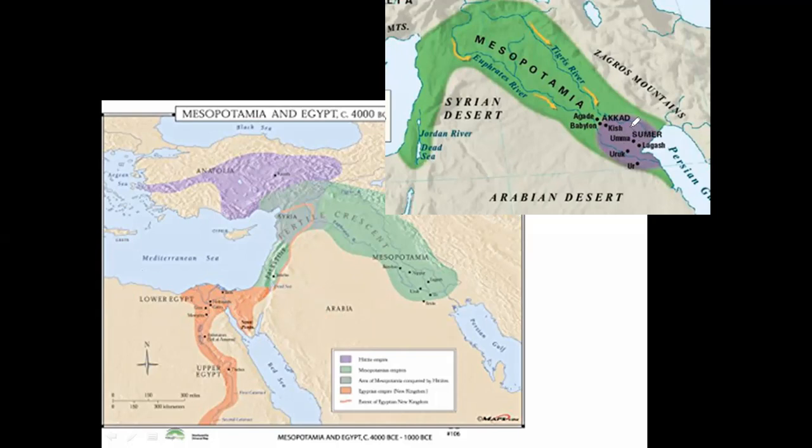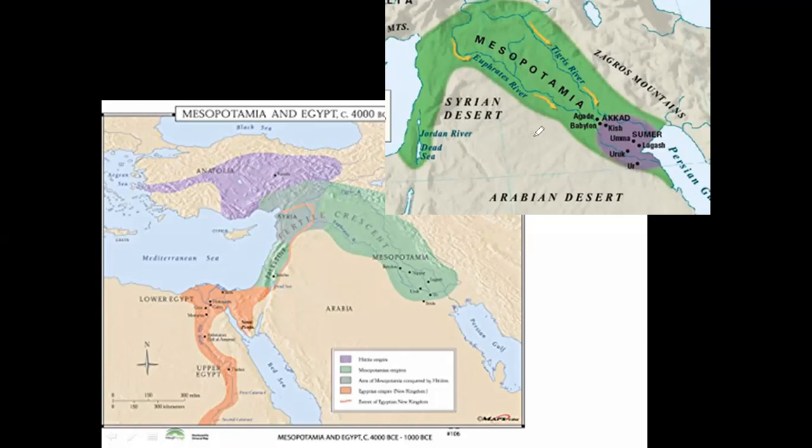Okay, so here between two rivers, one river is the Tigris River, the other river is the Euphrates River. Between the two rivers, there's an area, a country whose name is Mesopotamia. Actually, it's a Sumerian country.